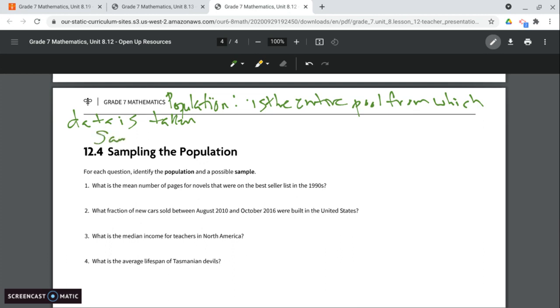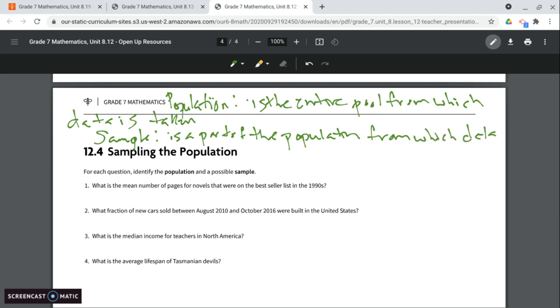Now, a sample is a part of the population from which data is actually collected.